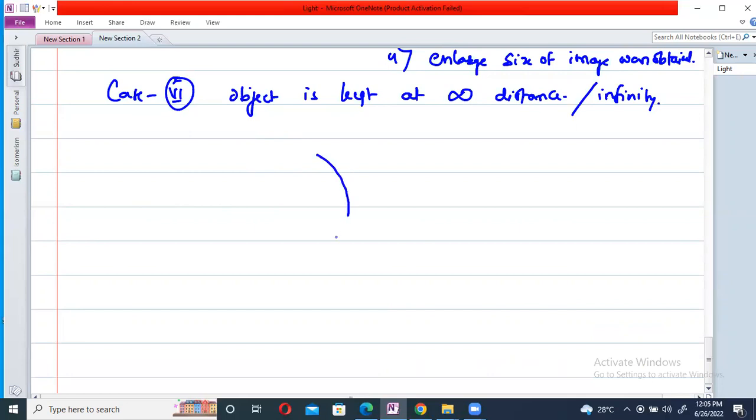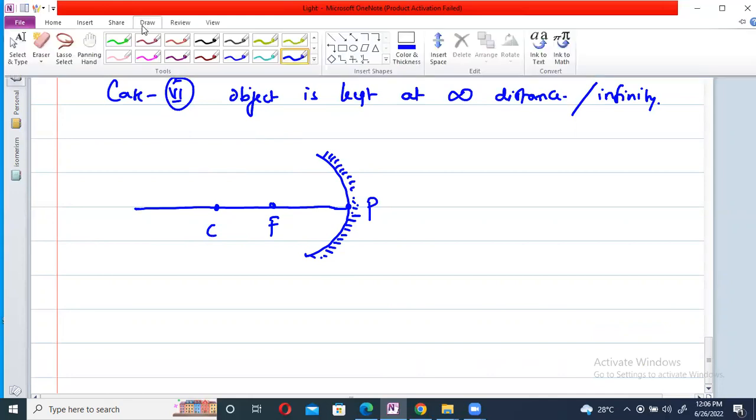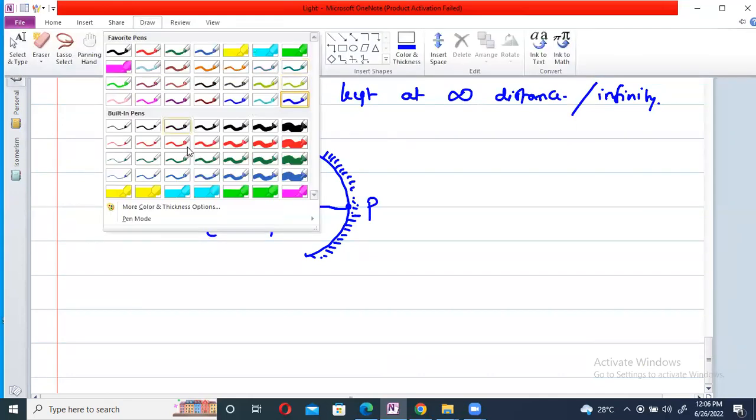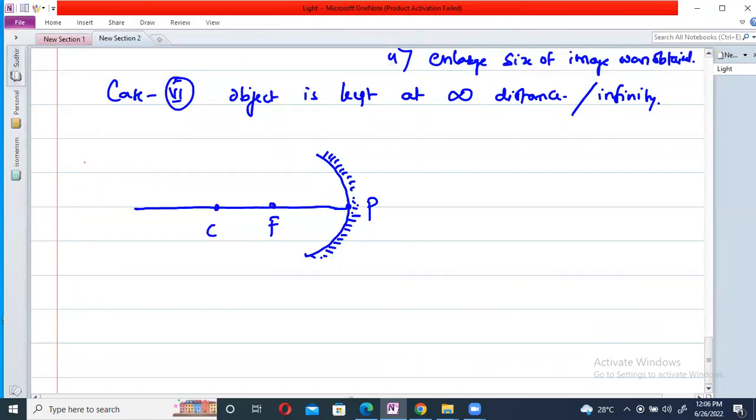Let us see, this is a concave mirror, and this is the principal axis, pole P, focus F, center of curvature C. C to F and F to P distance is the same, and somewhere we kept the object at infinity. From this infinity, the rays are coming, and these rays coming from infinity are parallel rays.